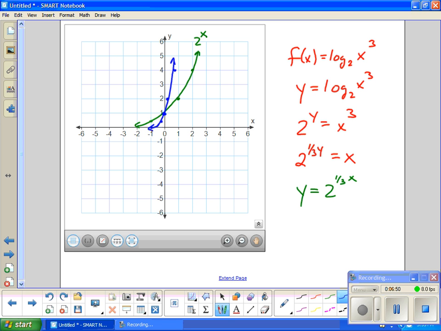Now, we actually have y equals 2 to the 1/3 x done. That is the same as the red function here, except x and y are switched. So now we'll do our reflection across y equals x. And I'll start plotting the points.